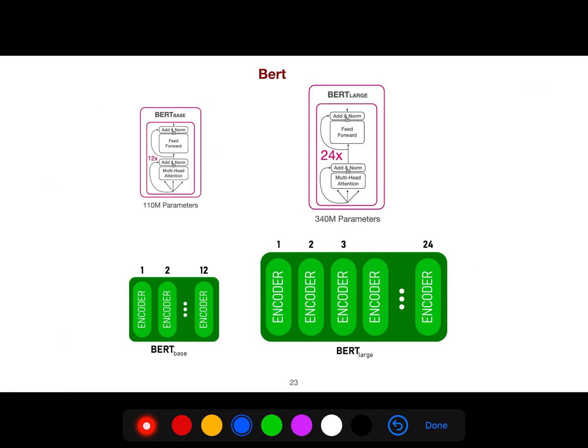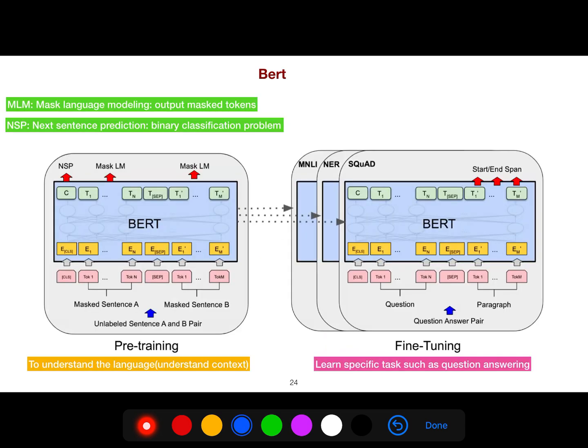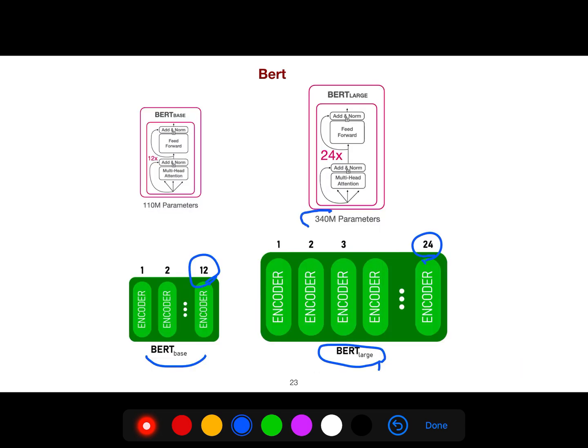And you know that we have BERT base, which has only 12 encoders, but BERT large has 24 encoders. And by the way, this is 340 million parameters. Our brain has 100 billion. So you can increase, no problem. You can increase the size of these things.